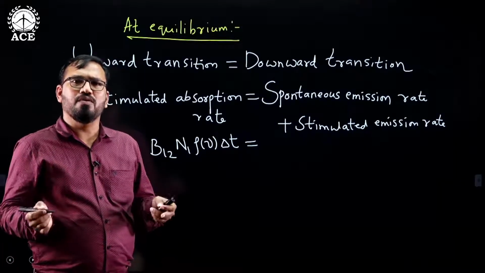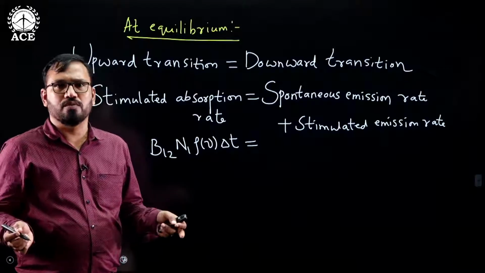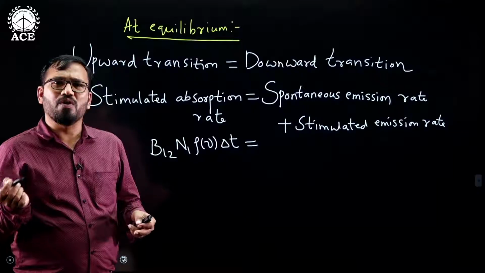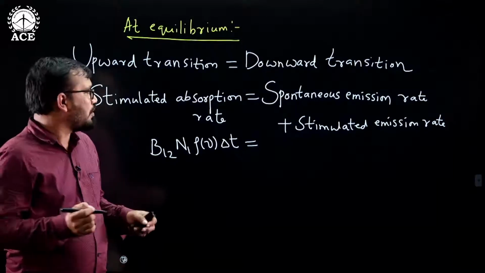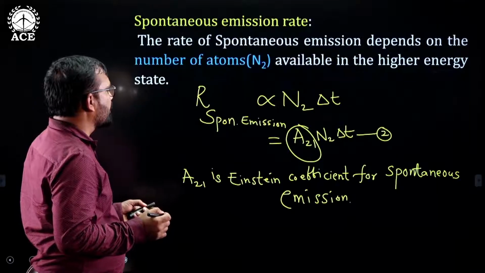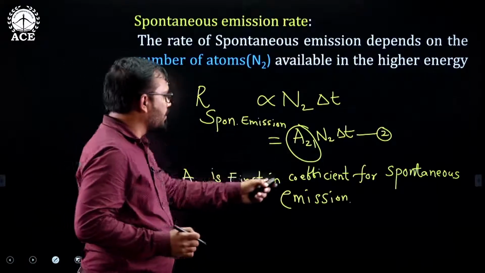So one more thing, people might have some doubt. Sir, B12 is Einstein coefficient, we understood, and that it is the stimulated absorption coefficient. Sir, what about the 12? Why did you write 12? Here I wrote 21.